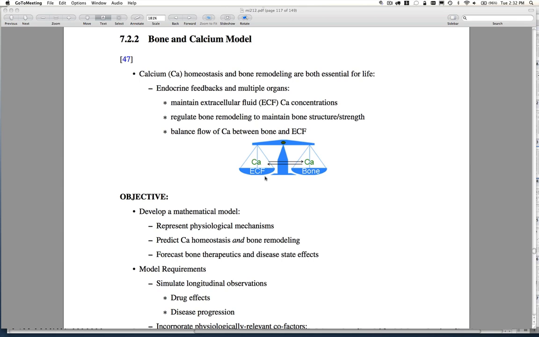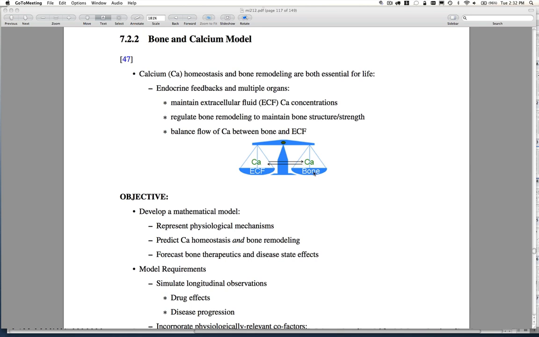In either case, you cease to exist. And so the extracellular fluid, or the plasma calcium or serum calcium, is maintained generally within about 10% of a person's set point, if you will, which is very, very tight regulation. And so the body's developed a lot of different mechanisms in order to do this, because it has to.